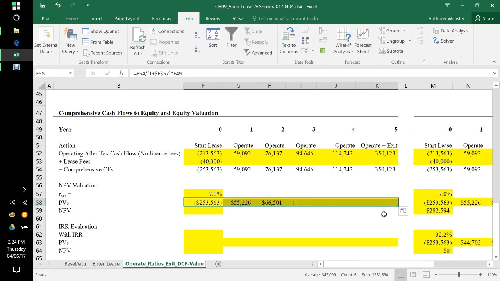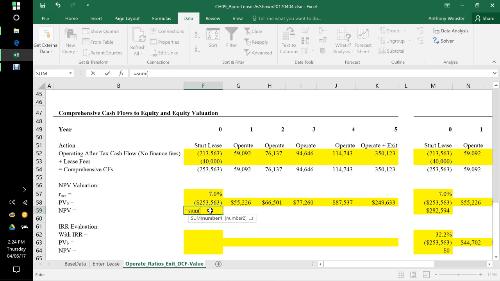All right, so here we go. So I've got them all. And let's see. I just add them up because now I've got them all normalized to their value at t equals 0, so I can add them apples to apples, and I get 282,594, and this means Yahoo, the model says go.